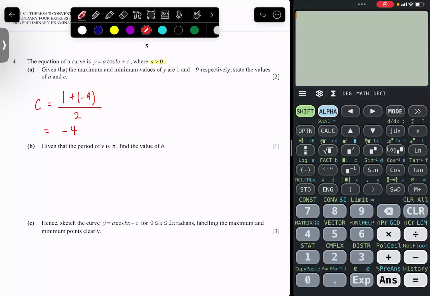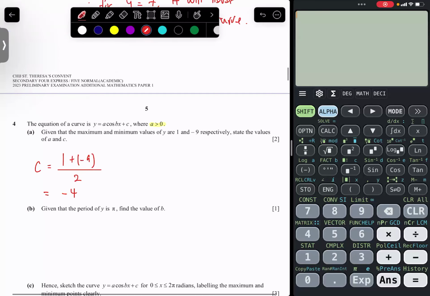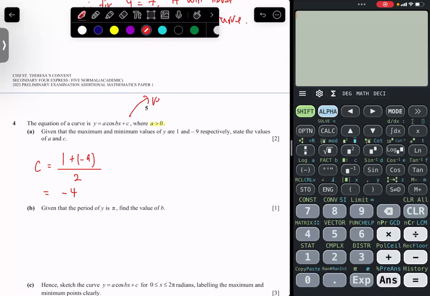The center line is what enables us to find the middle point of the cosine graph. Think of it in such a way. This c is the vertical shift, and also the middle point, or the center line, however you want to look at it.